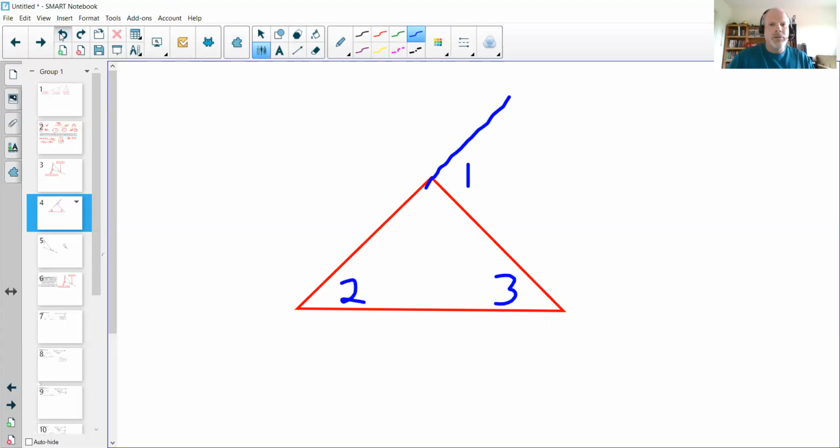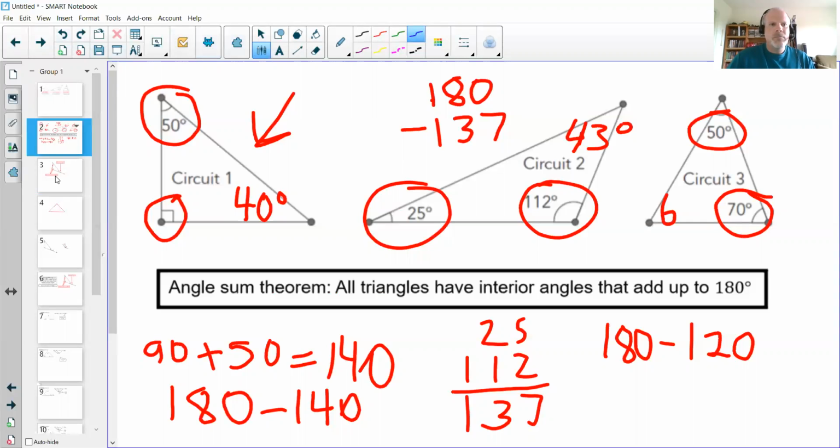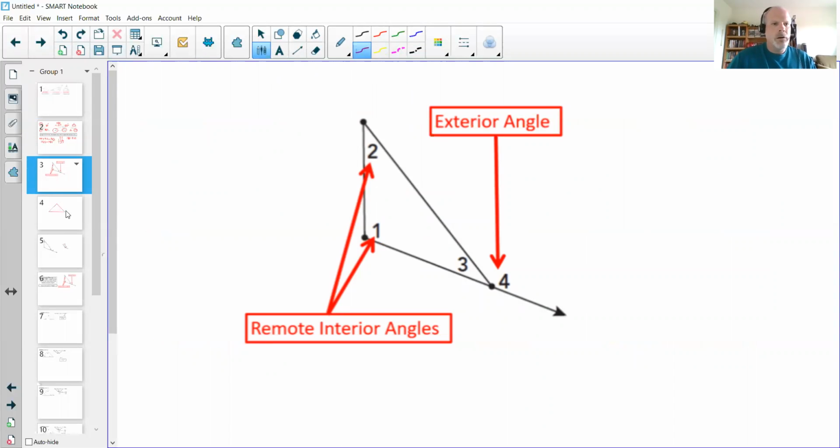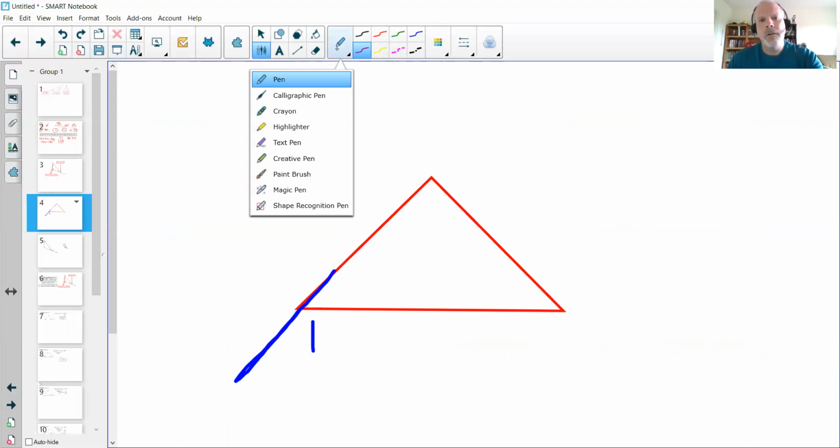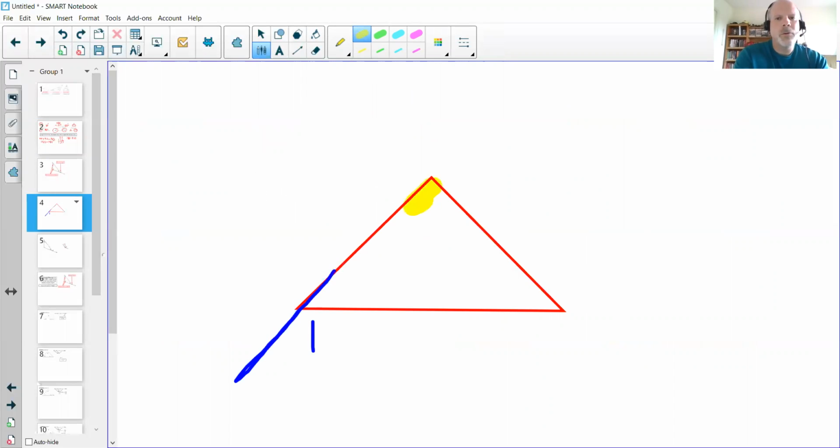Or what I could do instead is extend my line over here. Now I have this angle 1 as an exterior angle, and the two remote interior angles would be this one here and this one here, because they are not touching or adjacent to angle 1.